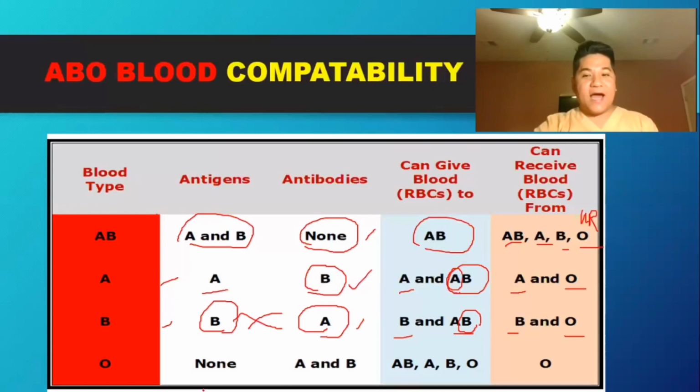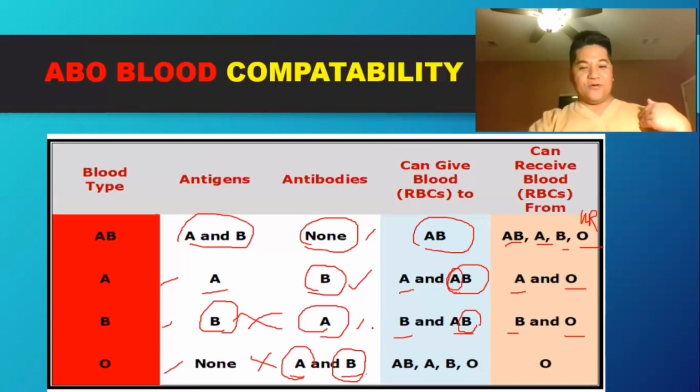Now, if you are type O, you don't have antigens, but you have antibodies A and B. So it means no type A and no type B. Type O is choosy. If you give A or B, they will have an interaction.